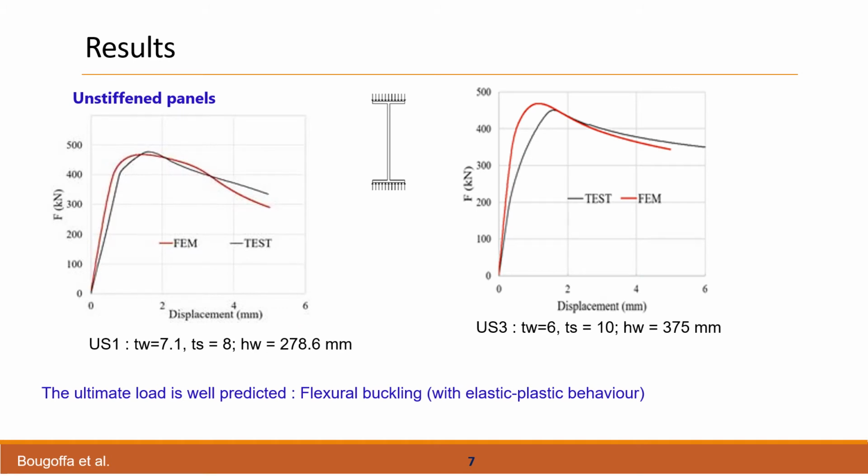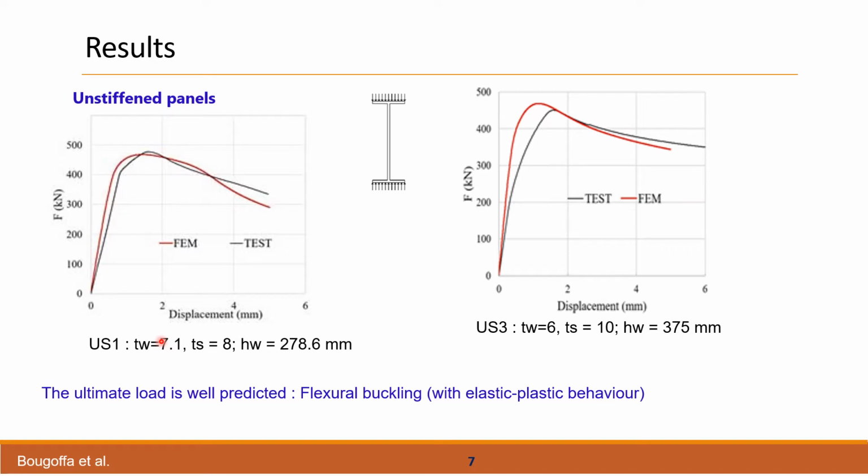To validate the numerical model, it is compared with the tests considering the load displacement curve and also the failure mode. Here we show the case of unstiffened panel with the same parameters as the other stiffened cases.